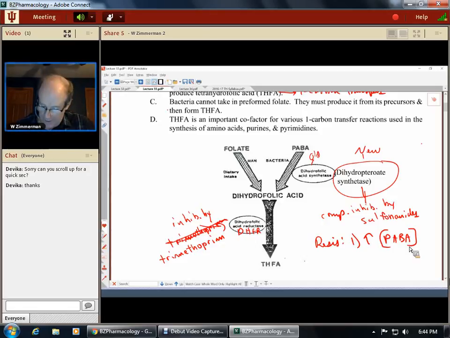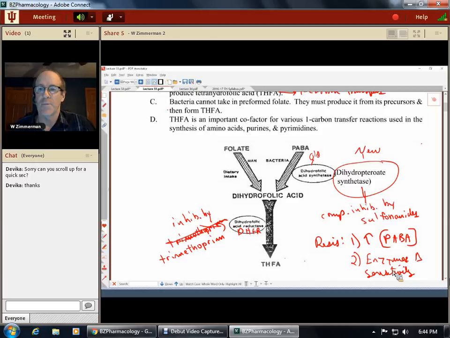Or we can actually have a change in the enzymes. The enzymes will change their sensitivity. They won't bind the drug as avidly. So there's been some sort of a change probably in their primary amino acid sequence to allow for that.